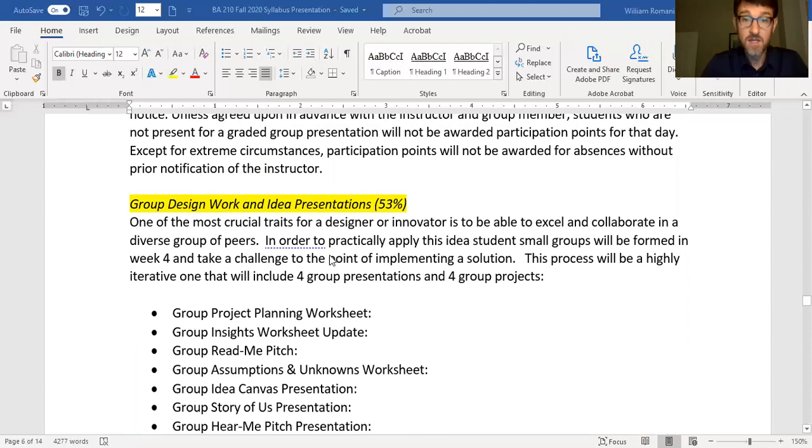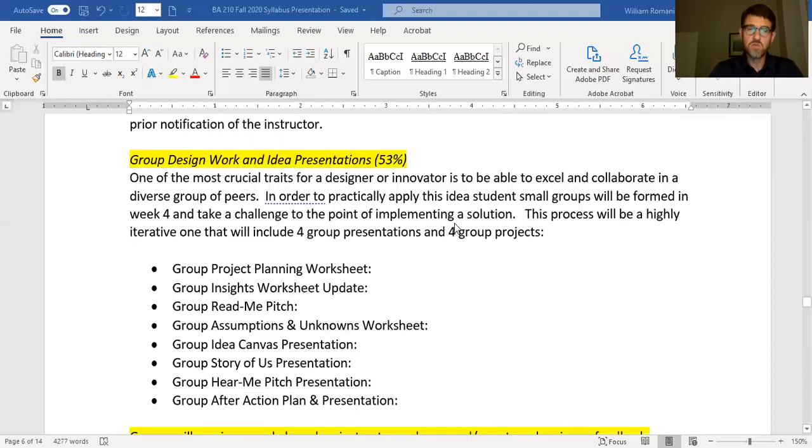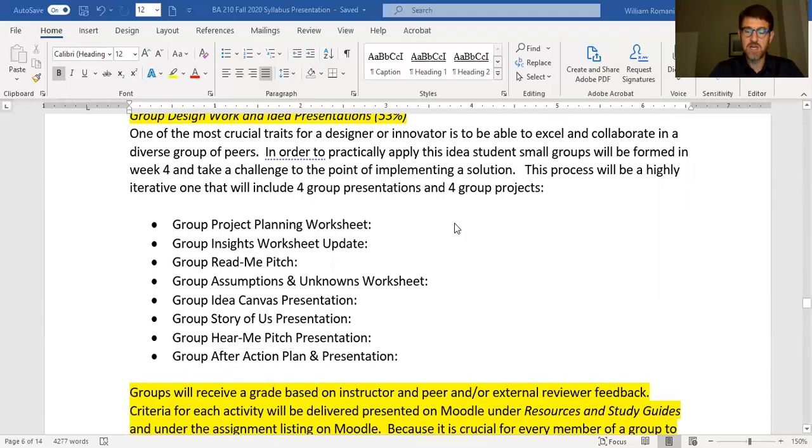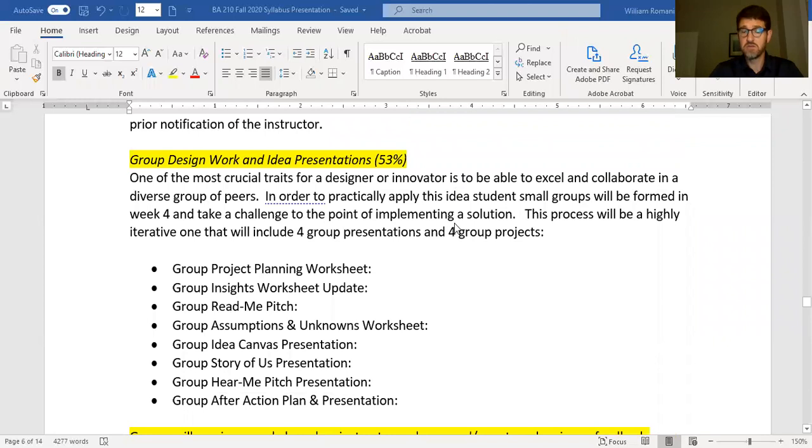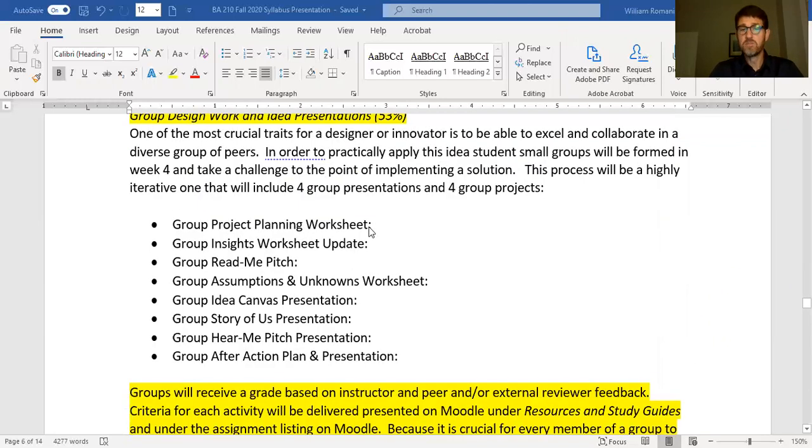Now, again, you're going to have an opportunity to create and put your group together based on similar motivations, similar values, similar interests. One of the ways that I try to facilitate participation from all the group members is that, number one, there are a number of group projects, but there are also 4 group presentations.